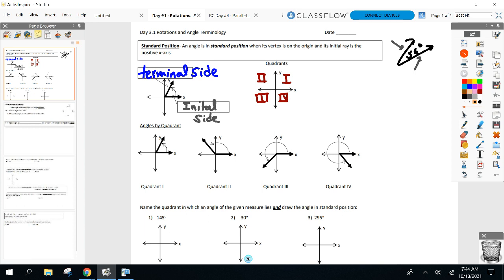I could have an angle in quadrant 1. Anybody have any guesses how many degrees that is as I go through a quadrant? 90 degrees, and you're correct. So any angle in quadrant 1 will always be between 0 and 90 degrees. So if I ask you to graph 56 degrees, it'll be in quadrant 1. What if an angle's in quadrant 2? That'll be anywhere between 90 and 180. You guys are picking this up.